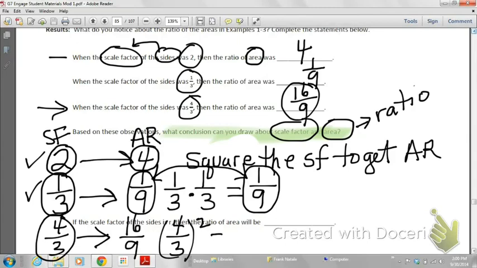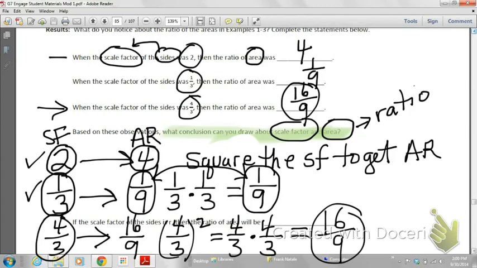That equals, of course, 4/3 times 4/3, which equals 4 times 4 equals 16. And guess what? 3 times 3 equals 9. And here we go. We have our relationship. We have uncovered the relationship between scale factor and area.